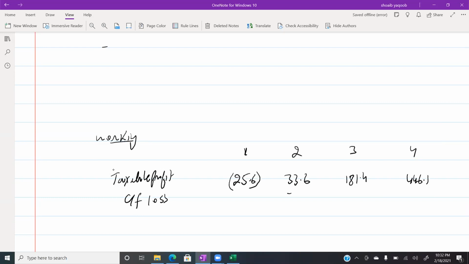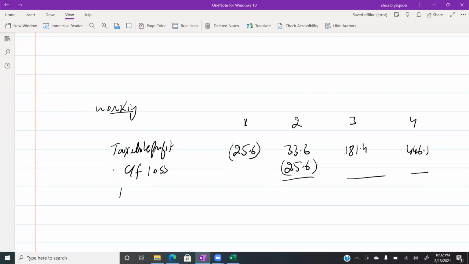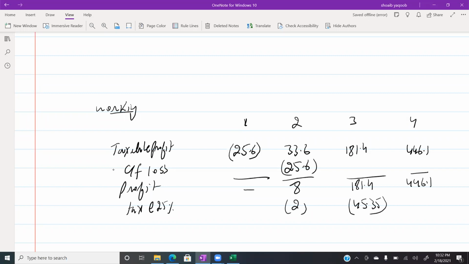Carry forward losses 25.6. Profit will be 8. Tax rate is 25%. It will be 2. 45.35 in excess, 111.53.